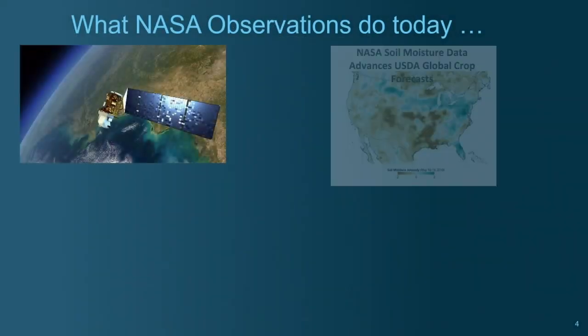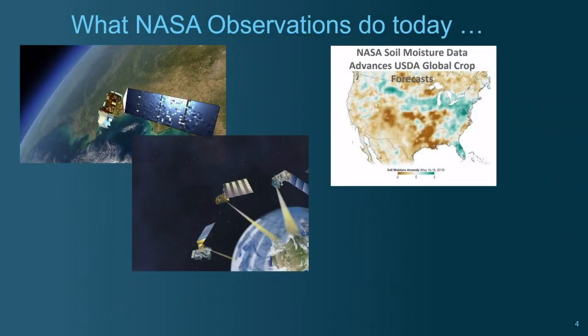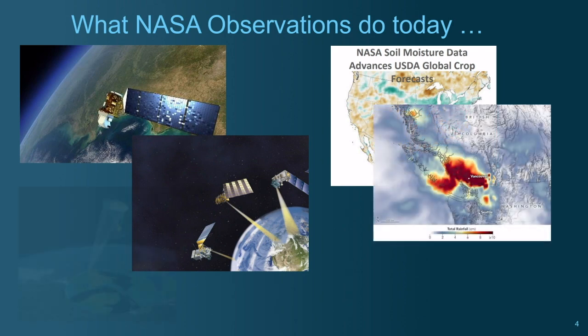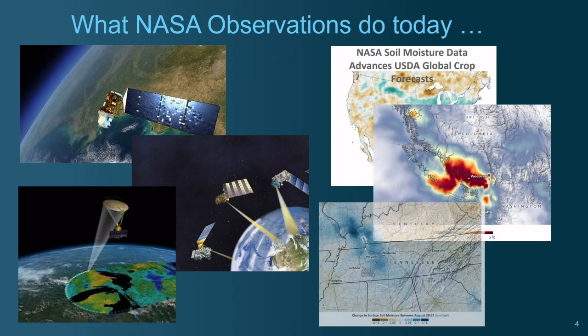And those observations today, you may not know it, but you're already using them. Satellites like Landsat, like the Global Precipitation Mission, or SMAP, the Soil Moisture Mission, the data from those missions make their way into products that are used every day by the agriculture community, monitoring drought, monitoring soil moisture and precipitation that feeds various USDA information products.